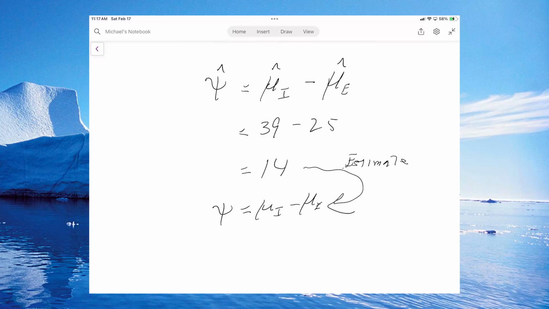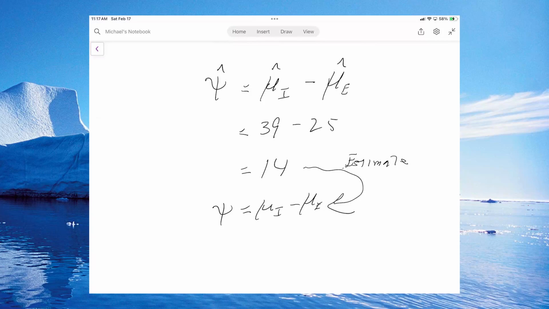Obviously, at some point, we're going to need to put a confidence interval on this so that we can actually attach some sort of level of confidence to our estimation. We don't have any confidence in a particular single value, a single point estimate, even though this is our best guess. But by putting an interval around it, we can then talk about the degree of confidence we have. But we're starting here with just our single best guess. And of course, we could go ahead and do this for all of the pairwise comparisons.